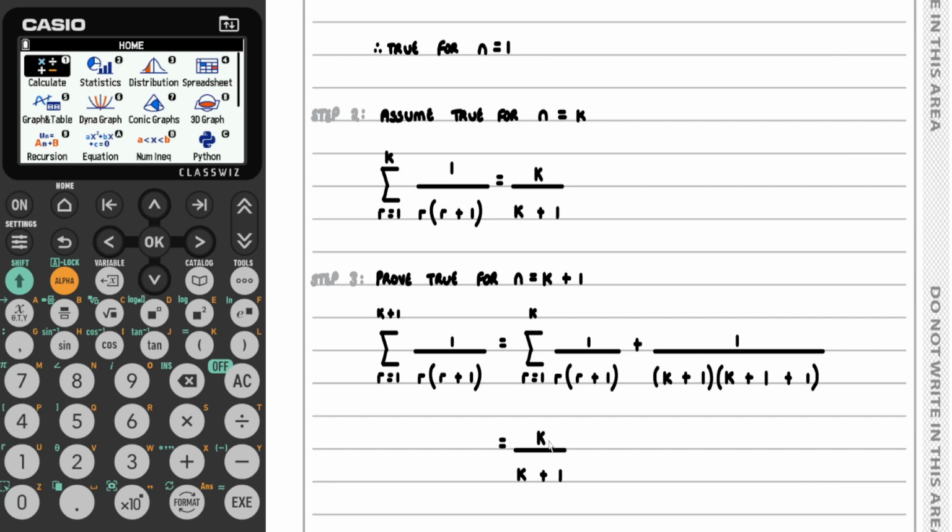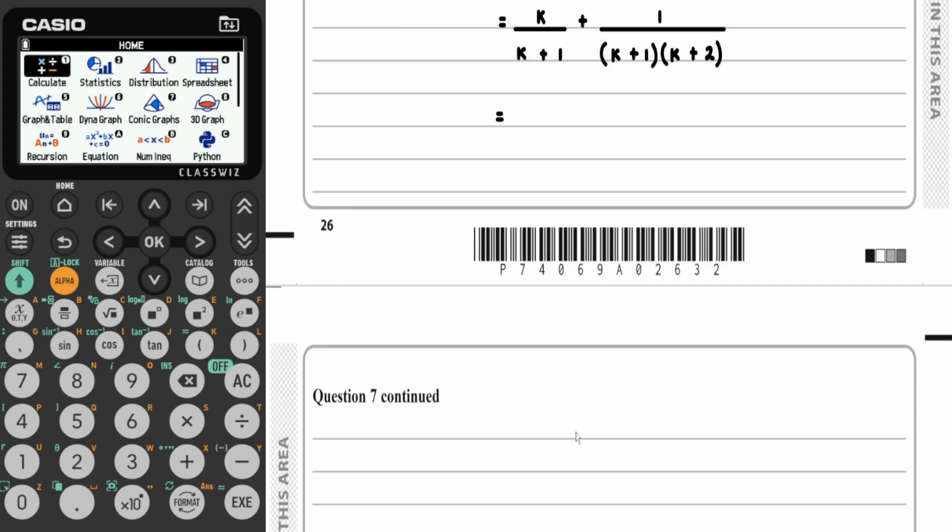So we've got k over k plus 1, so that's using our induction step from step 2. And we add on to this 1 over k plus 1 times k plus 2, because k plus 1 plus 1 is just k plus 2. So I've got this k over k plus 1, and I'm going to multiply both the numerator and the denominator by k plus 2. And then I add on to this the next term, which is 1 over k plus 1 times k plus 2.